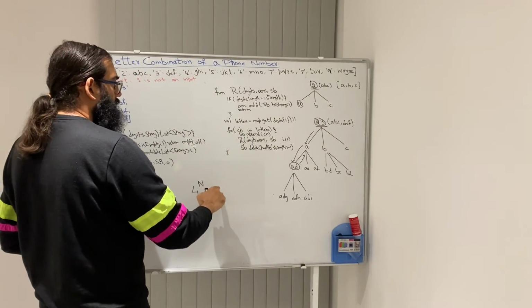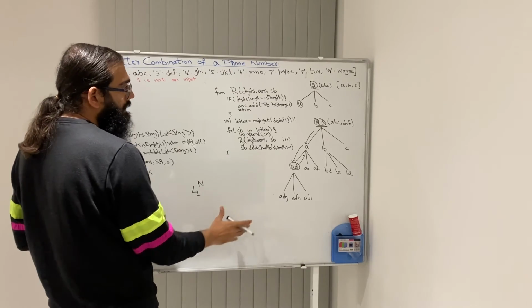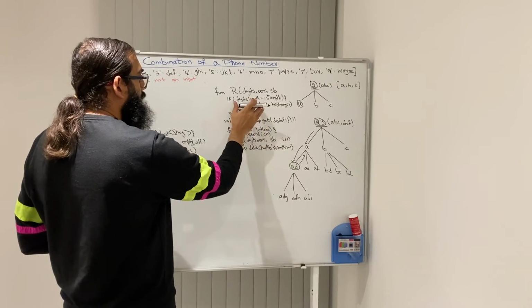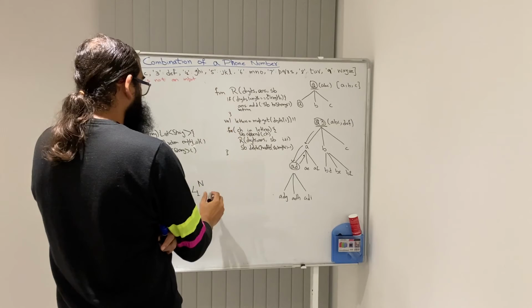But if I assume this is big O of 1, we have a total of 4 power n due to the combination, and then we have a big O of n for every completion of a base case.